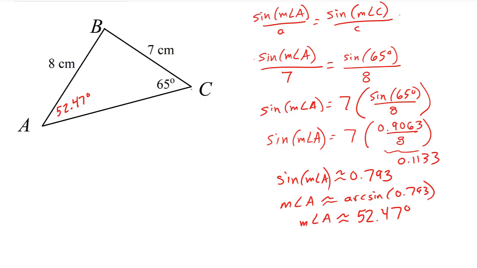Before we go any further, we don't have to use another law of sines or law of cosines to figure out the next piece of information, because we're only missing one angle measure in the triangle, and we know that the interior angles in a triangle have measures that all add up to 180 degrees.